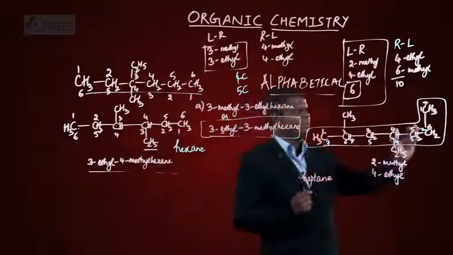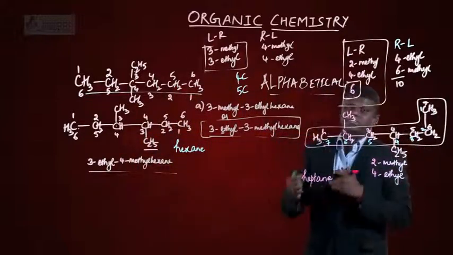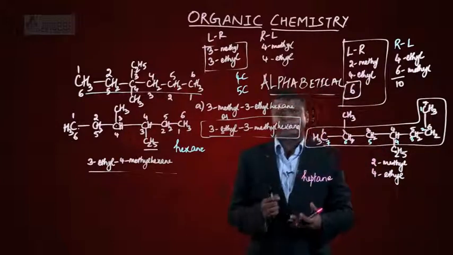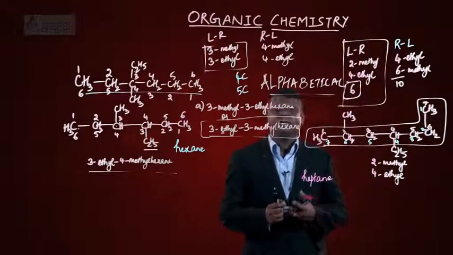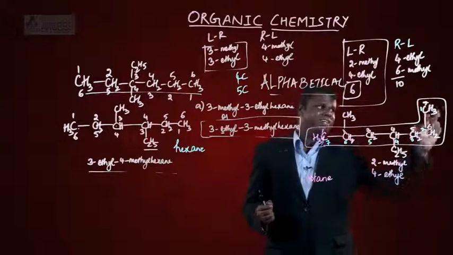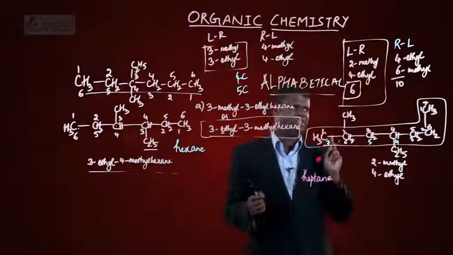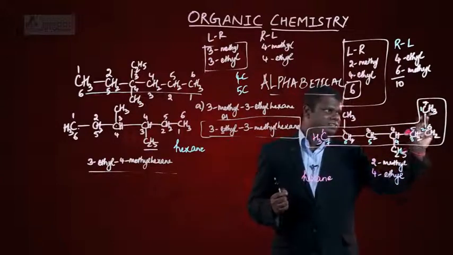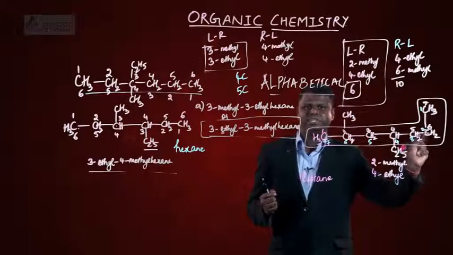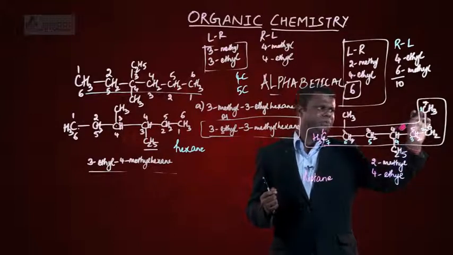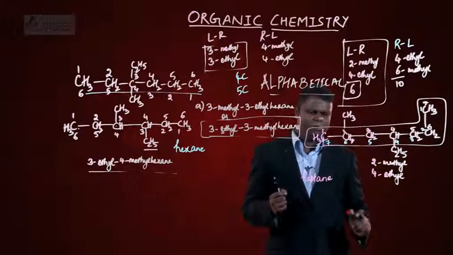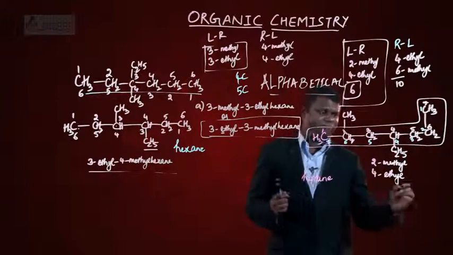Since this is drawn vertically, he may consider this as a branching, but as I already said, it should be a continuous chain, and that's the reason I am drawing this longest chain. So now there is no substituent at position number 6 as well as position number 7. So now we have 2 methyl and 4 ethyl.